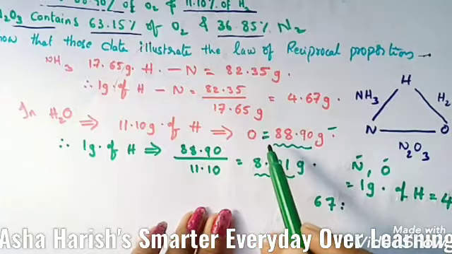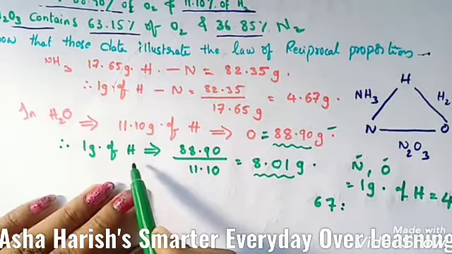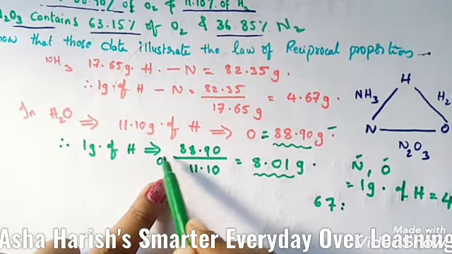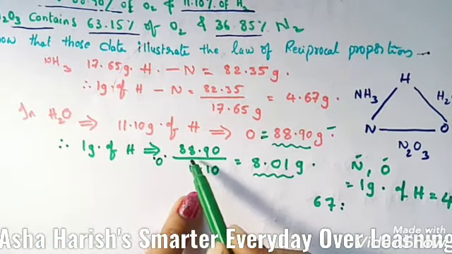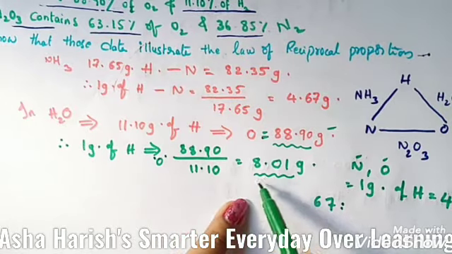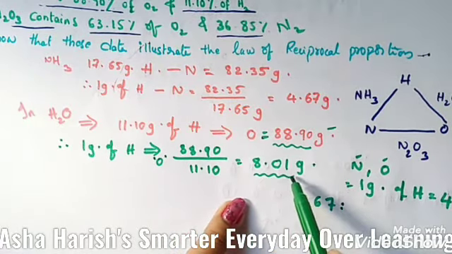Based upon this data, 1 gram of hydrogen combines with oxygen, the calculation being 88.90 by 11.10 grams, that is approximately 8.01 grams.